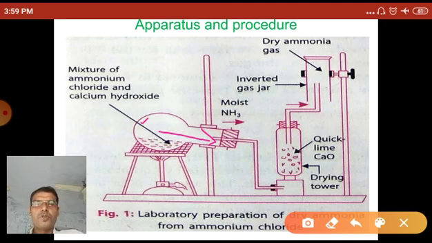So we should arrange the round bottom flask in an inclined position.